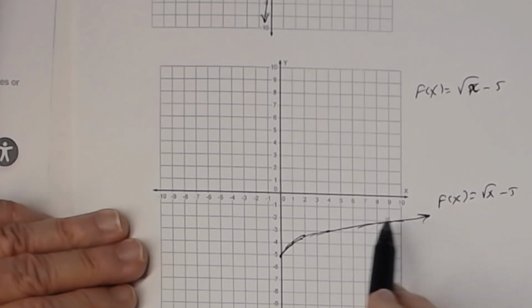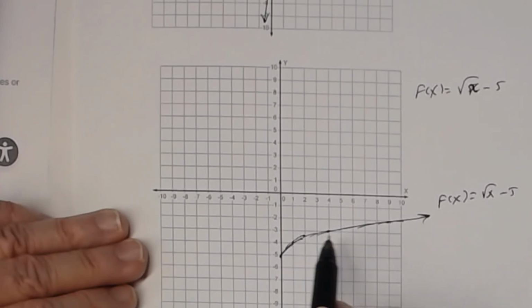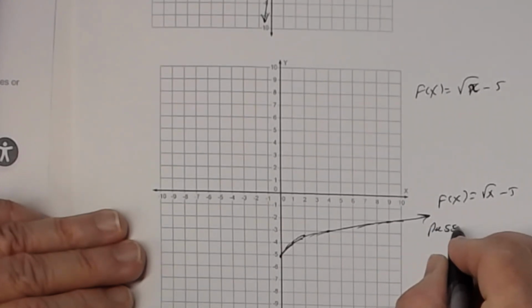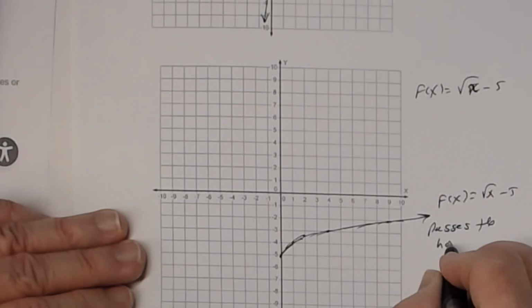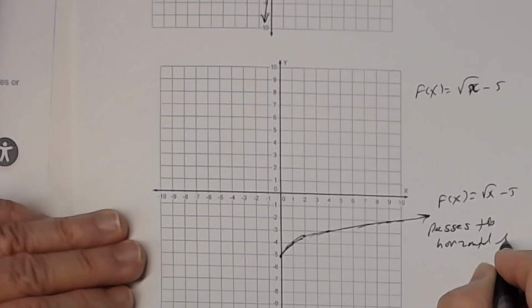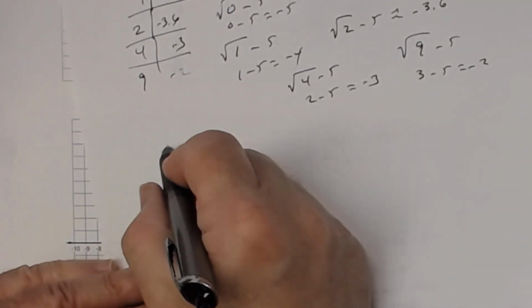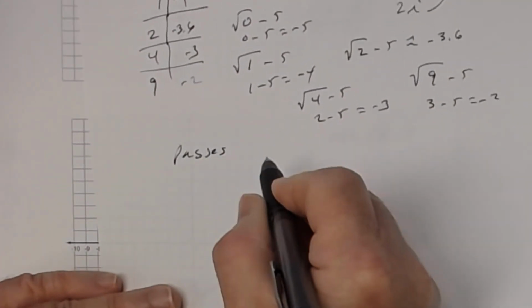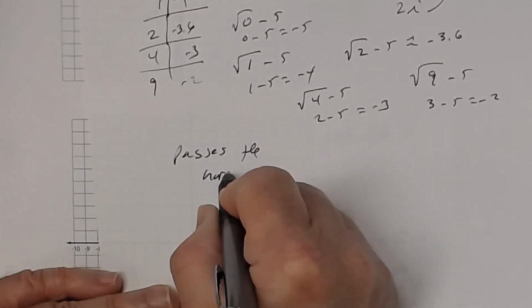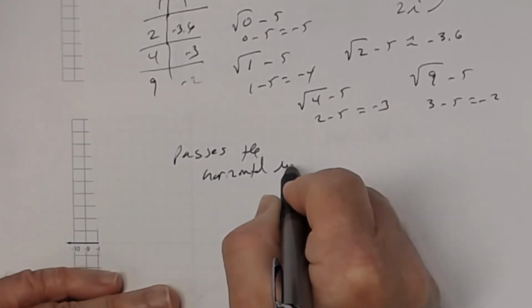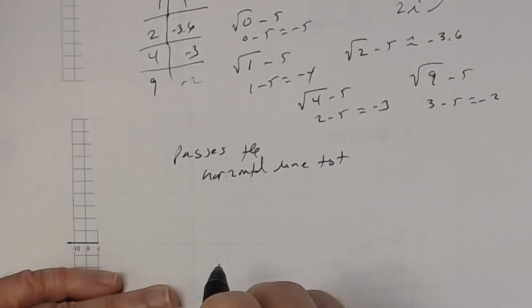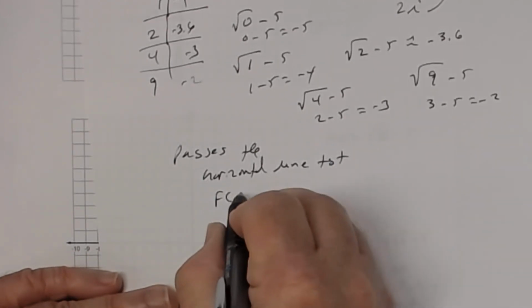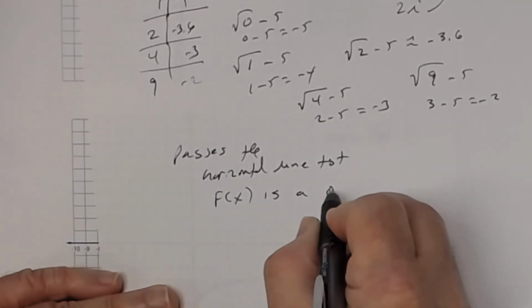And knowing the graph, notice that it passes the horizontal line test. So since it passes the horizontal line test, we can say that f of x is a one-to-one function.